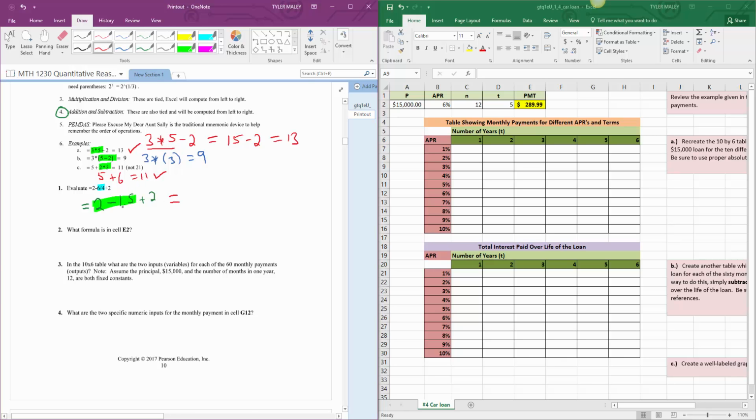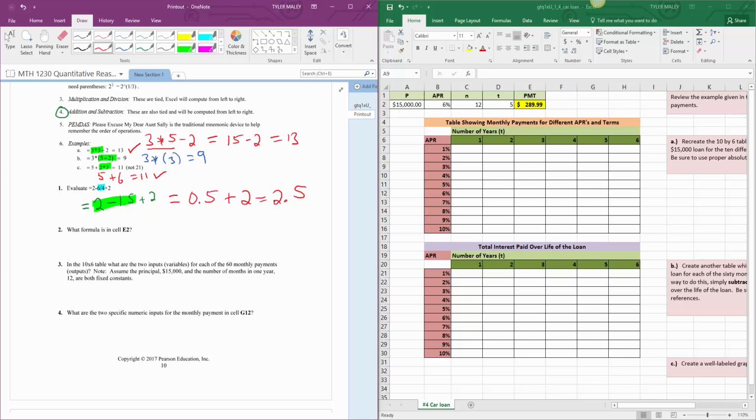So 2 minus 1.5 is 0.5, and then I still have the plus 2. So then 0.5 plus 2 is 2.5. So that's just a refresher into order of operations, because we need to be able to use these skills when we input formulas in Excel. It's so important to be able to do that correctly.